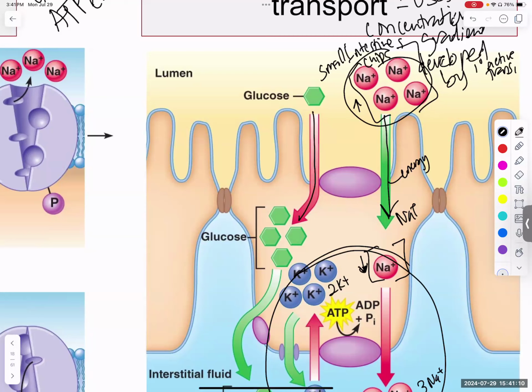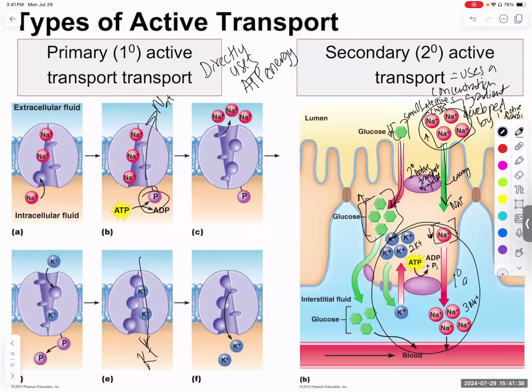And that energy is being used to transport glucose across the cell from a low concentration, and because it's all coming in here, it's a higher concentration. So this is secondary active transport of glucose because it's using this concentration gradient made by primary active transport.